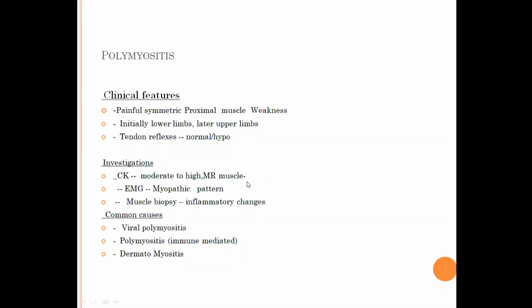We also do MR scan of the muscle, which will tell us the edema part, the atrophy part, and the next investigation is the EMG, which shows myopathic pattern, and muscle biopsy, which shows the inflammatory changes. So inflammatory myopathy or a degenerative myopathy, final diagnosis is on the muscle biopsy.